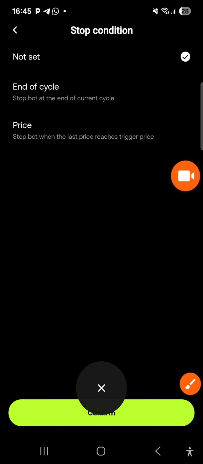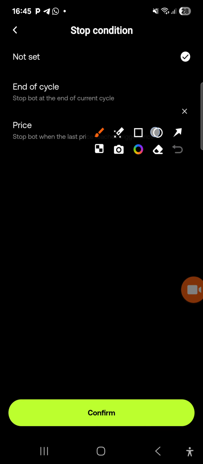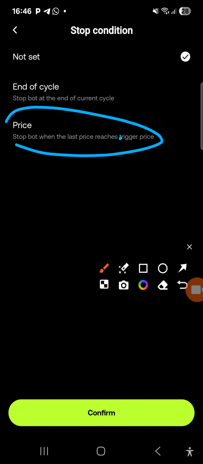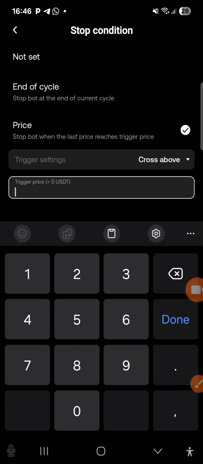Let me click in the price. Okay, I click in it, price. When you're longing or buying and you click here, cross above, that is cross above when you're buying or longing.